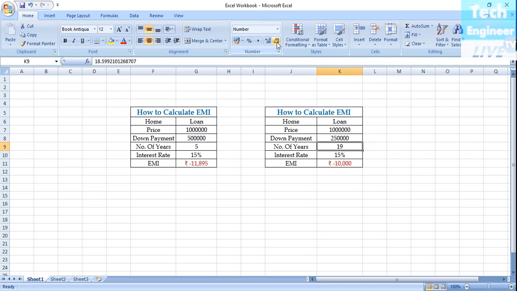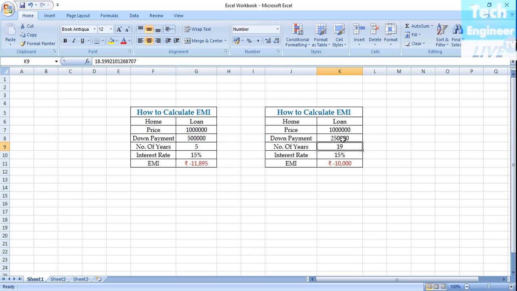Then 19 years will be needed to pay the rest of the amount. So this is when the interest rate is 15% and the EMI is 10,000.